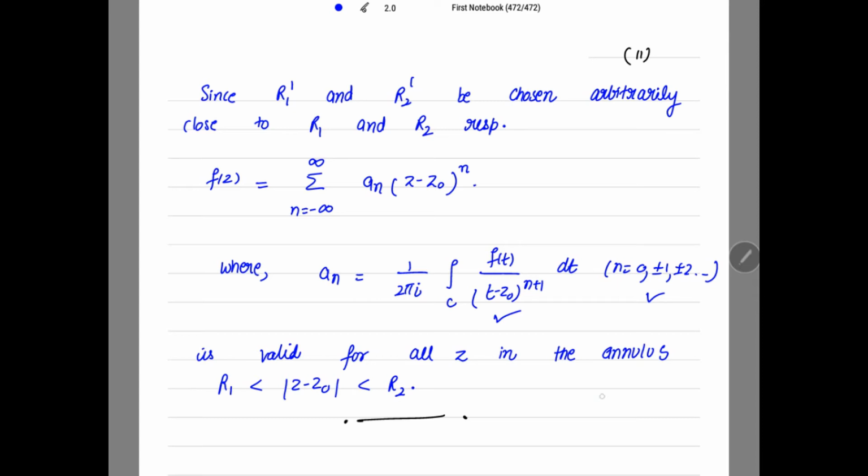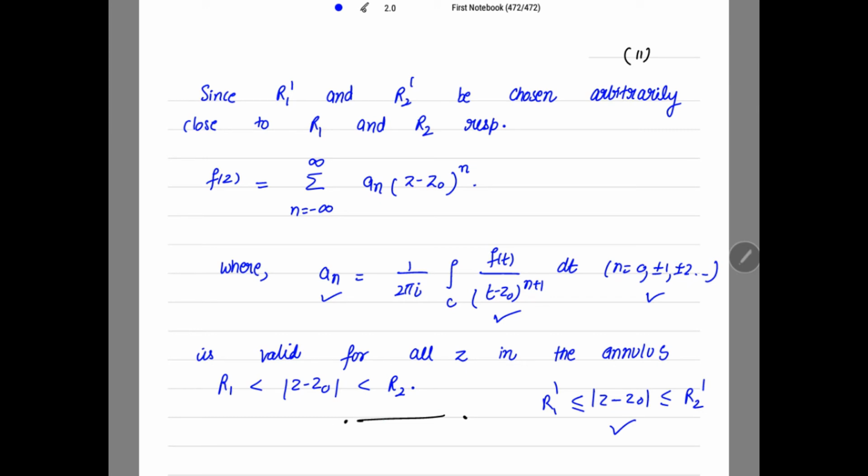What is my closed disk? |z minus z0| less than or equal to R2 dash and greater than or equal to R1 dash. I proved the theorem with this closed disk, and because these are very near to R1 and R2, the coefficient an is valid for all z in the annulus. That means z minus z0 between R1 and R2. Right? Here ends our result.